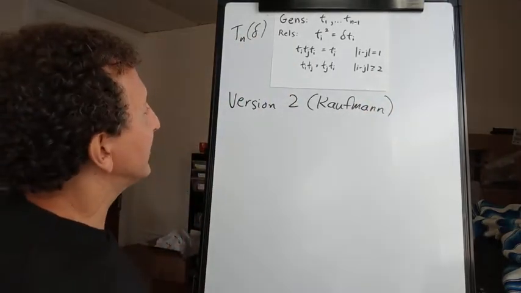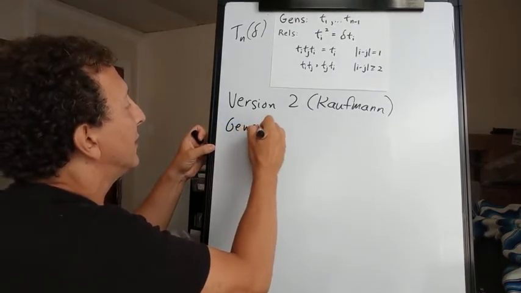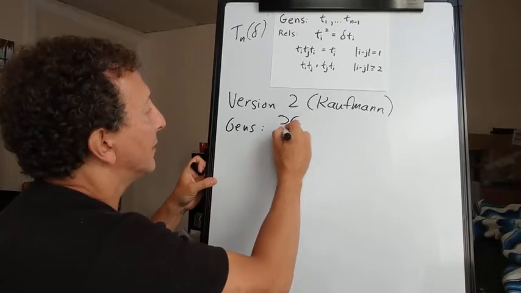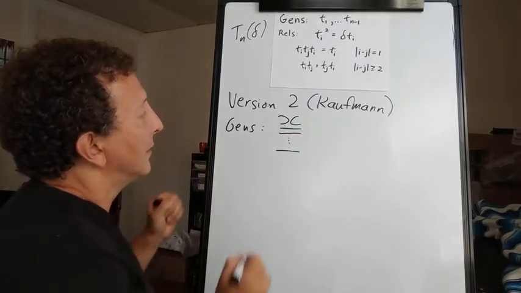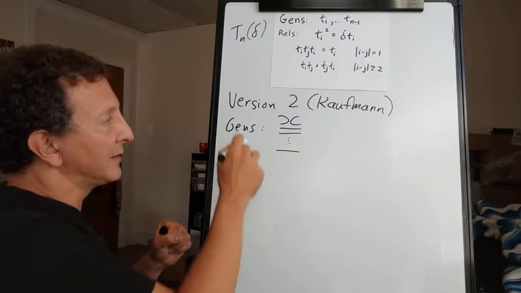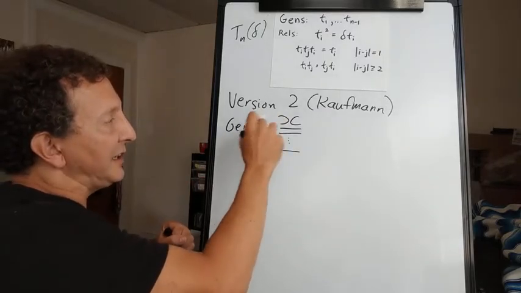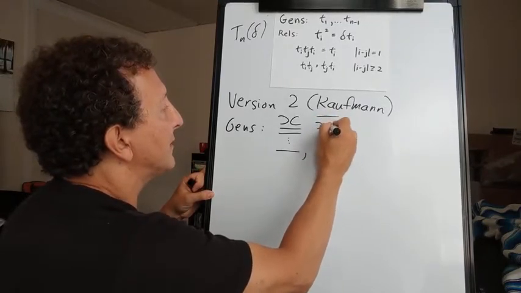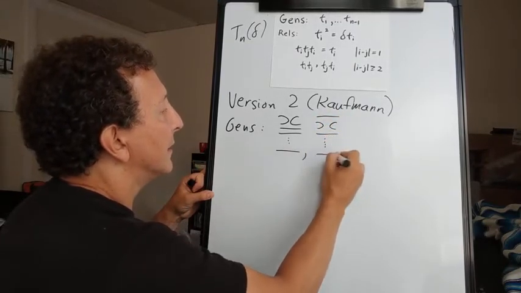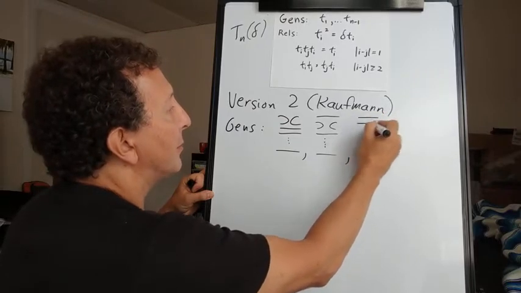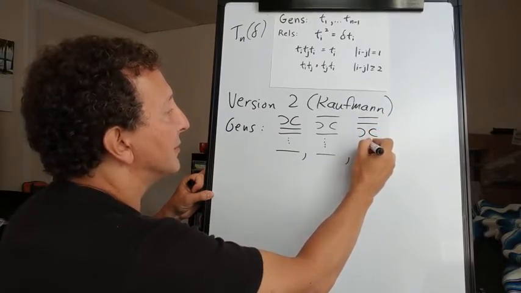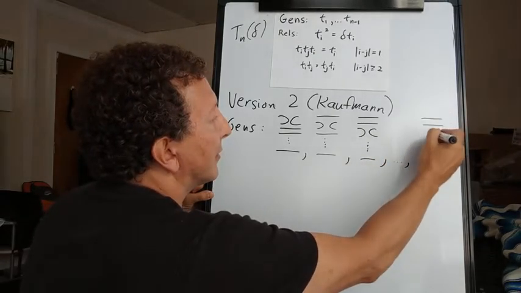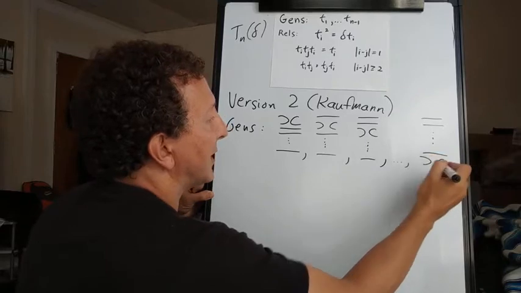All right, his version says that our generators are pictures that consist of horizontal lines and a C and a backwards C. And that C and backwards C appear in all possible positions from top to bottom.